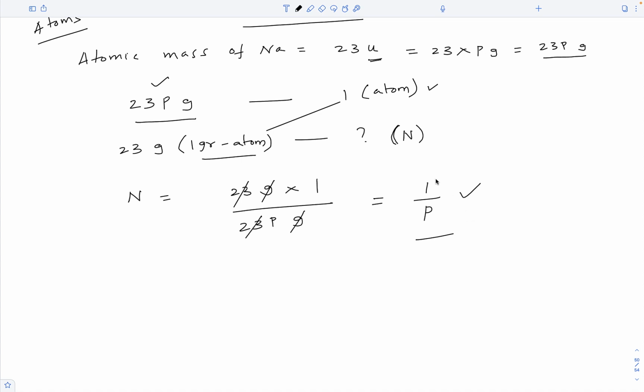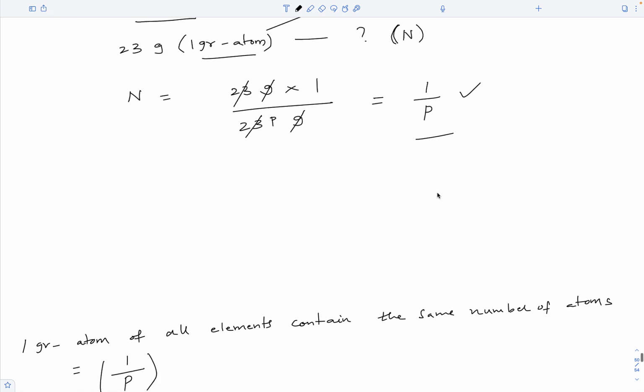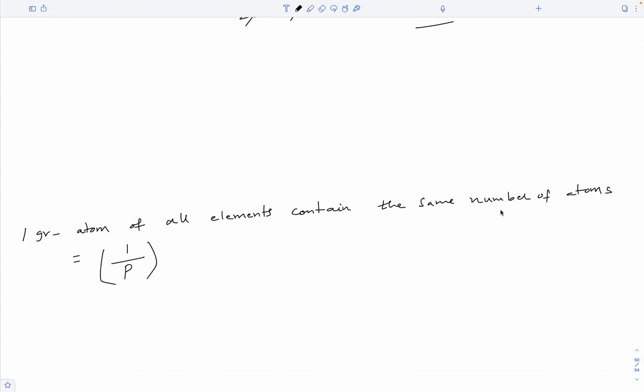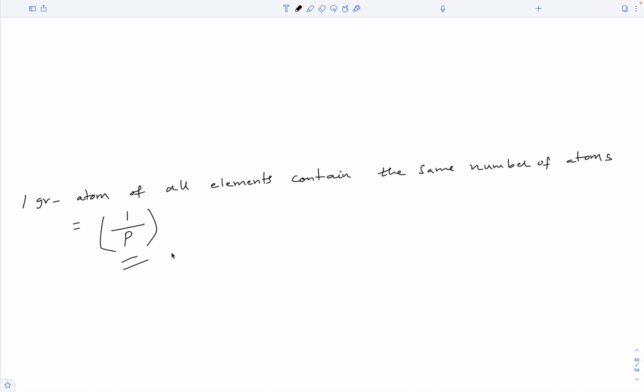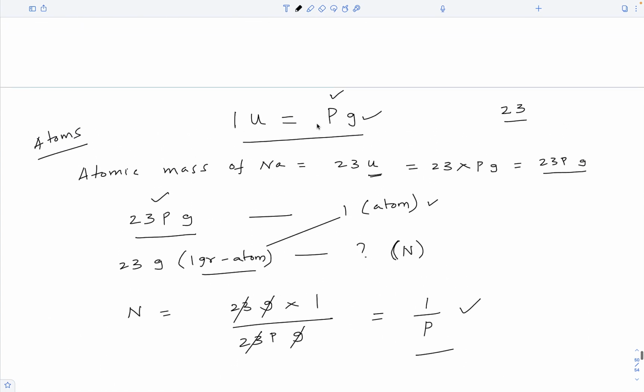So if 1 gram atom of sodium has 1 over P sodium atoms, that means 1 gram atom of magnesium would have 1 over P magnesium atoms. So now we can say 1 gram atom of all elements contain the same number of atoms, and that number is equal to 1 over P, where P is this conversion factor.